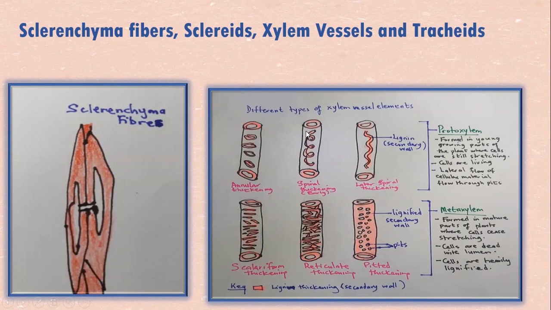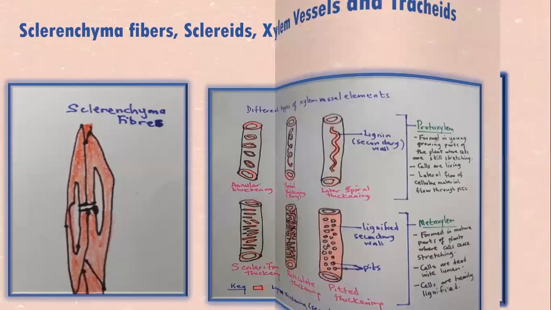Here, the lignin is laid in a kind of a spiral, so it's called spiral thickening. Here, the lignin is laid in a kind of spiral when it stretches, all right? So the lignin laying is different in different sclerenchyma tissues. Well, it's enough for the time being, so we go on.